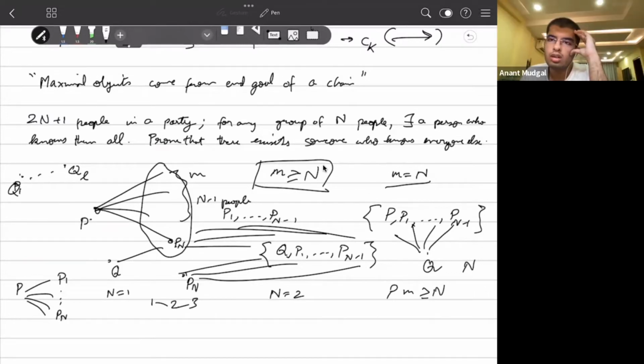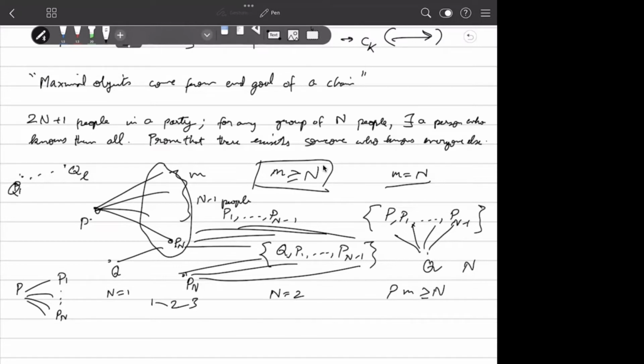Since there are 10 such pairs, they map to 10 objects, and we can only select 3 of them. So there is exactly one person who knows 3 pairs of people.